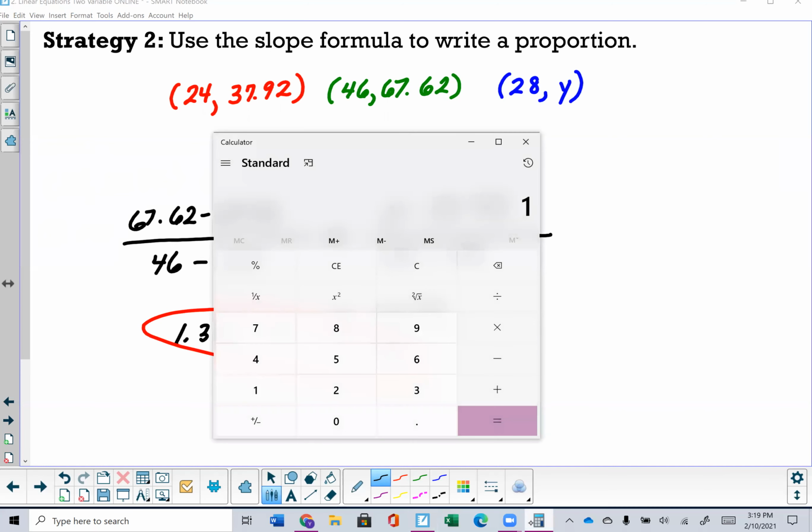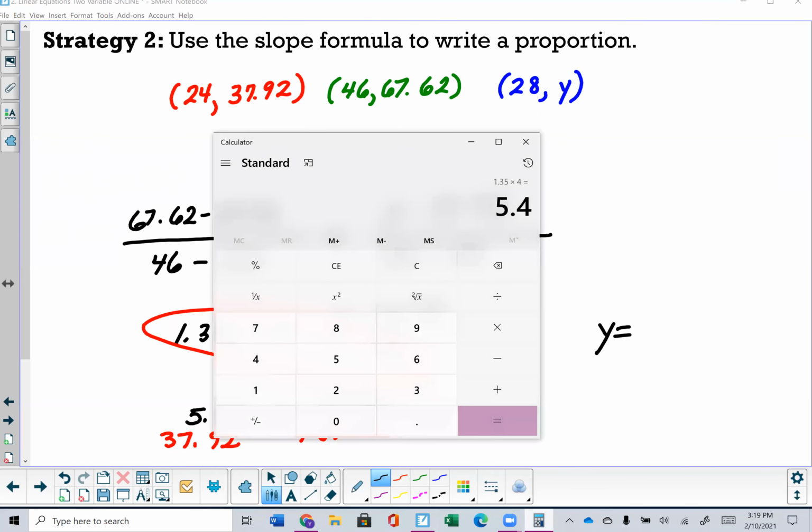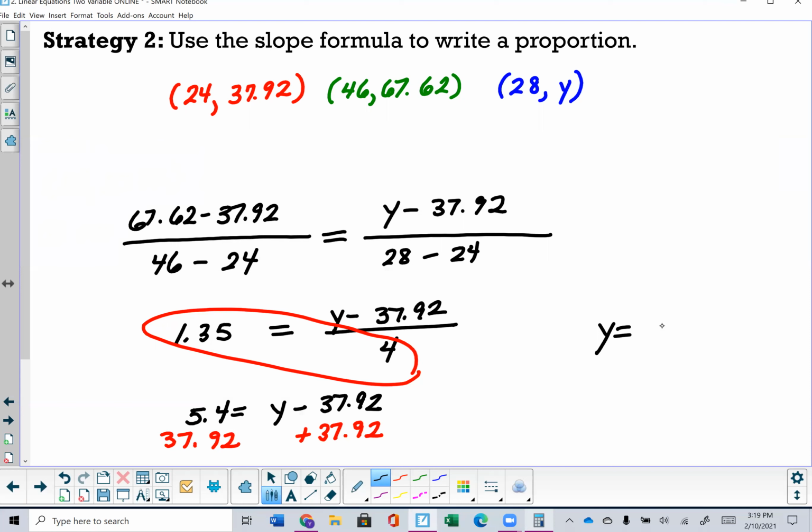So the 1.35 times the 4, we have 5.4 equals y minus 37.92, and then add the 37.92 to each side. So we get y is equal to 43.32, or $43.32, which is the same answer we got using the equation of a line.